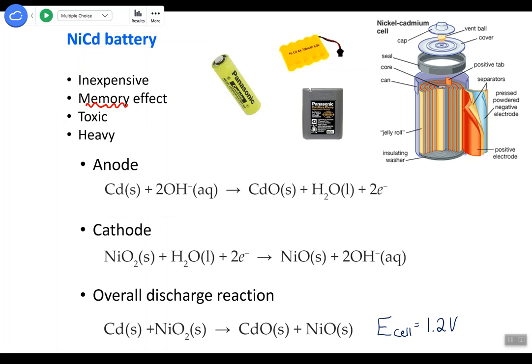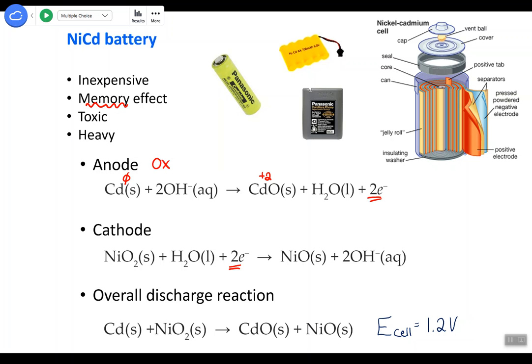Based on our understanding of redox chemistry, we can analyze what happens in this nickel-cadmium battery. Cadmium, a toxic metal, can go from a 0 oxidation state to a +2 oxidation state. And of course, 0 to +2 means it's being oxidized and produces some electrons.